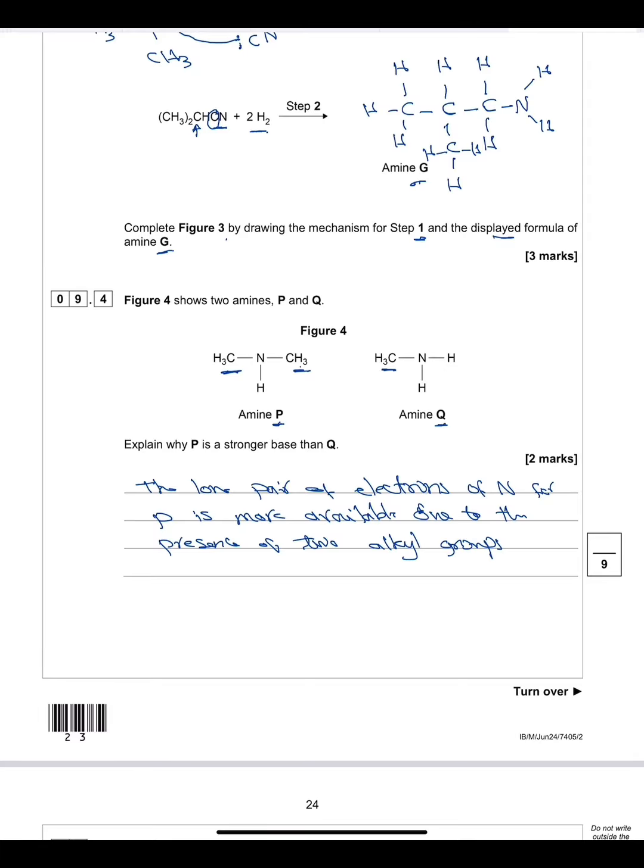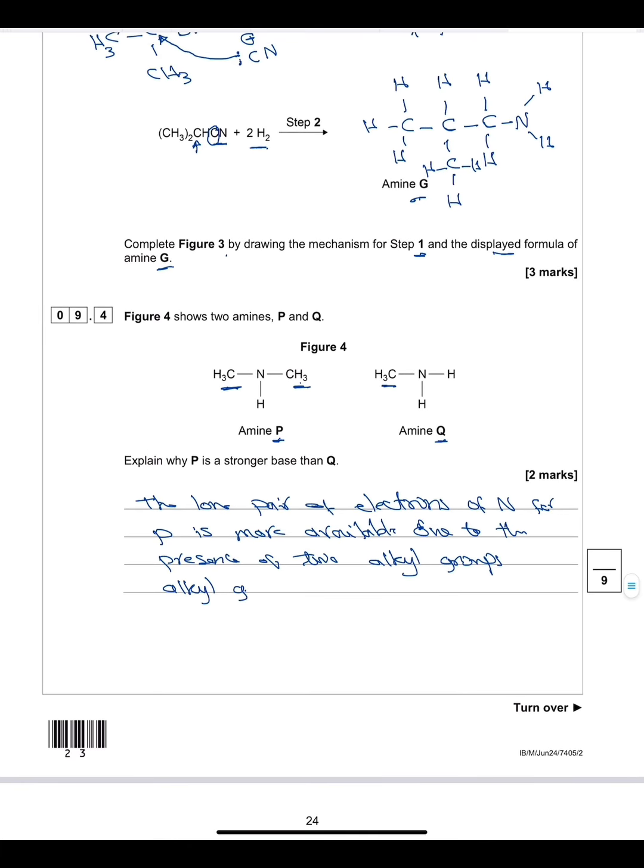And the alkyl groups have positive inductive effect or electron releasing properties, while amine Q has only one alkyl.